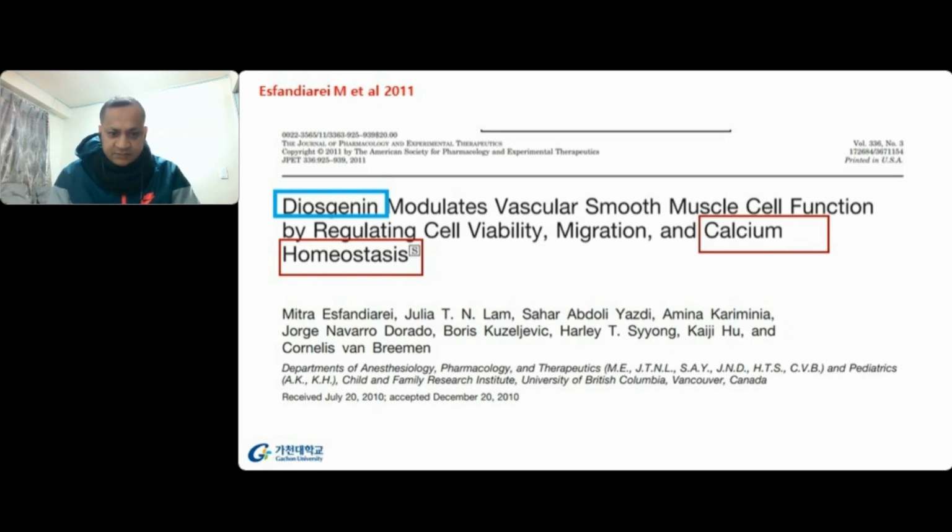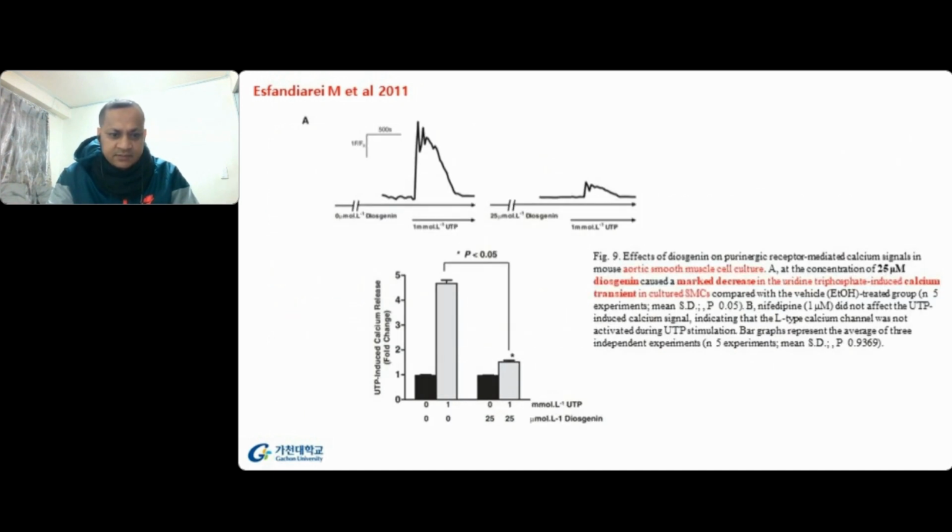The main finding in this work is that diosgenin can regulate calcium homeostasis. From these interesting findings, I made the hypothesis of how diosgenin can work on TRPV1.